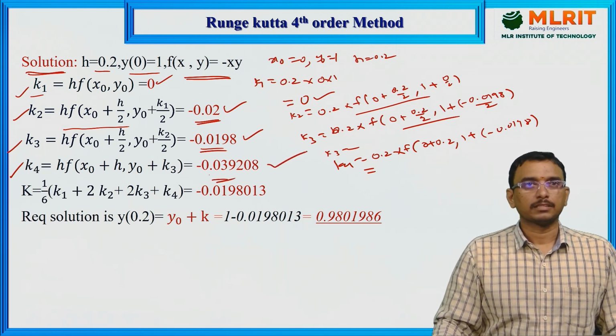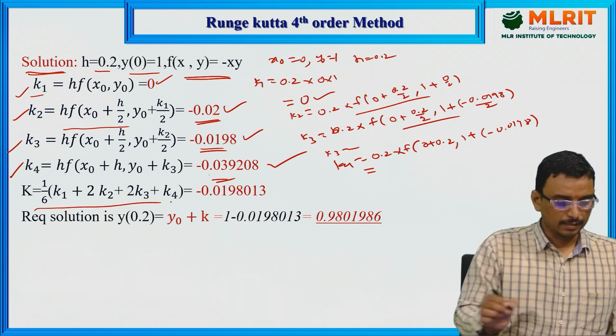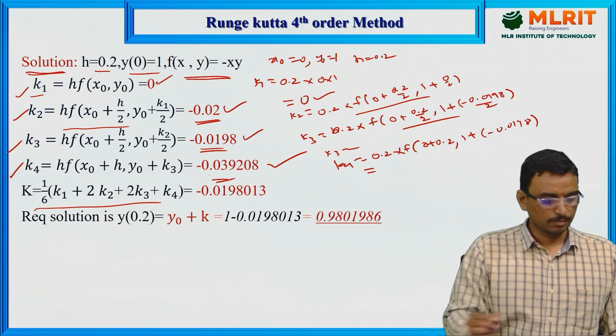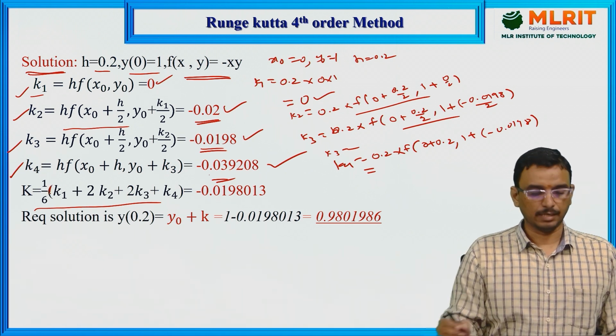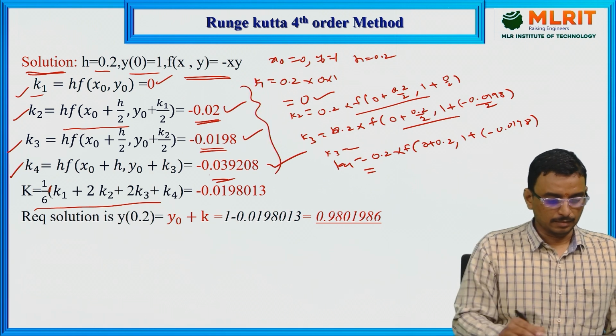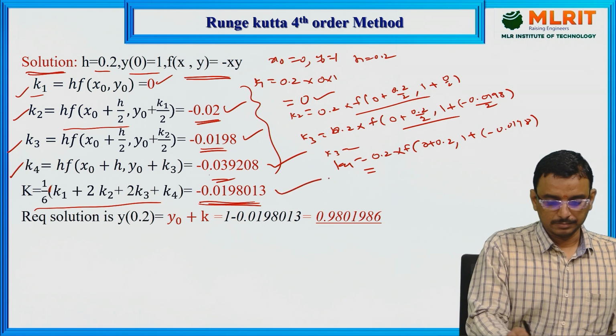Now we can substitute these k1, k2, k3, k4 slopes in the formula k is equal to 1 by 6 into k1 plus 2 into k2 plus 2 into k3 plus k4. So substitute these values here in place of k1, k2, k3, k4, and we'll get the k value.